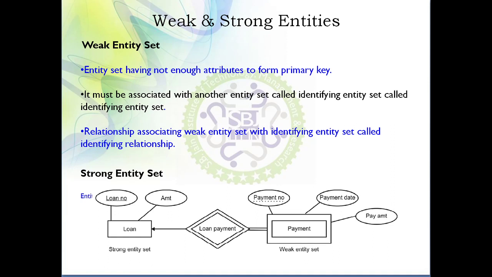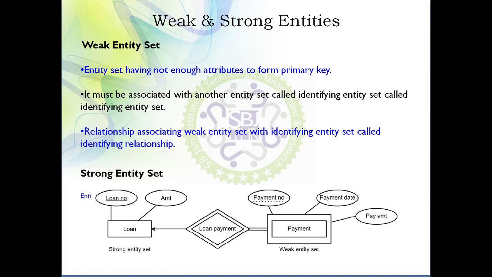No. Maybe two students may have the same name, but the roll number of two students can never be the same. So in that case I can use roll number as a primary key. For a particular class, roll number is a primary key. Why? Because based on the roll number I can uniquely identify every student of the class.